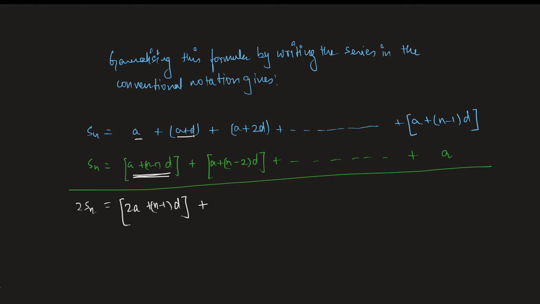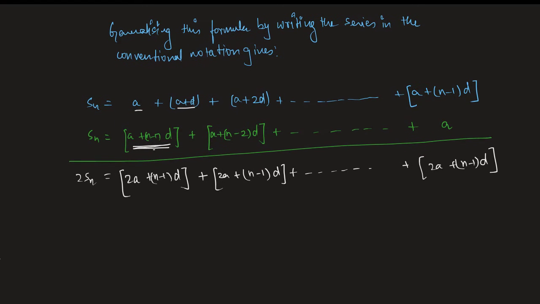Plus, if you add these two terms, a plus a would be again 2a, plus in this case there is plus d and there is negative 2d, so ultimately it simplifies to negative 1d, which can be written as negative (n minus 1). Similarly, if you add up the last terms, you get 2a plus (n minus 1) d.